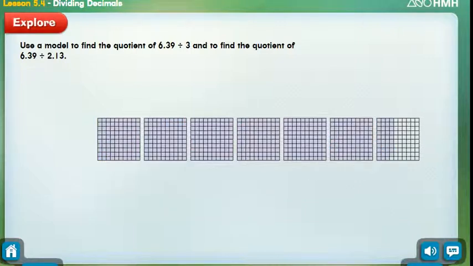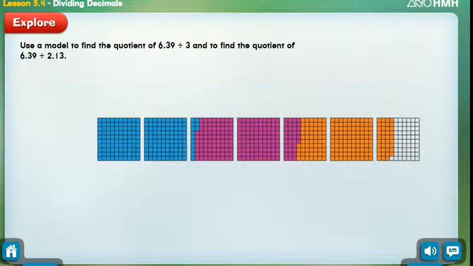You can also use the decimal grids to find the quotient of 6 and 39 hundredths and 2 and 13 hundredths. It is difficult to divide the grid into 2 and 13 hundredths groups, so let's separate the model into groups of 2 and 13 hundredths instead. Now we can count how many equal groups we have.